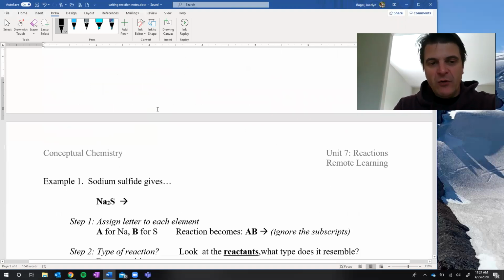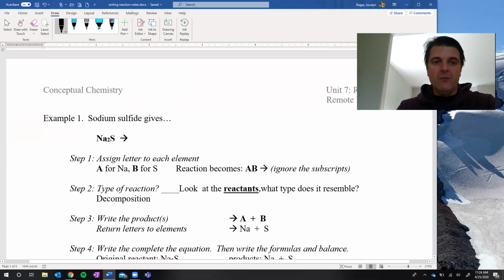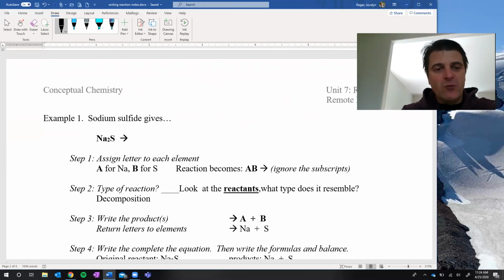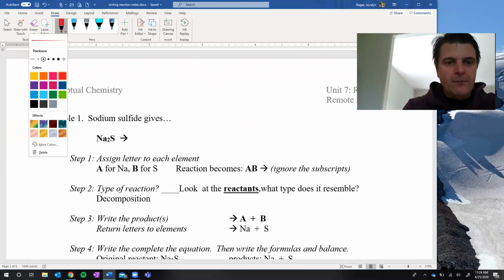Okay, so let's scroll to the second page, and here is an example, sodium sulfide, right? So Na2S, and this is all you're given. There's only one reactant. So what we're going to do is assign the letters A and B to each of the elements.